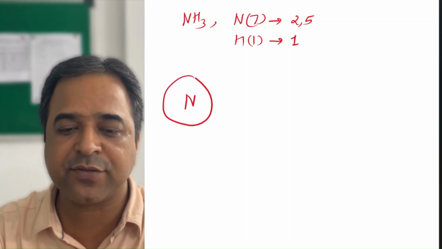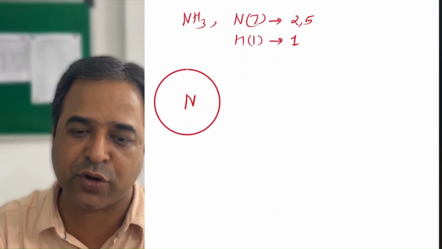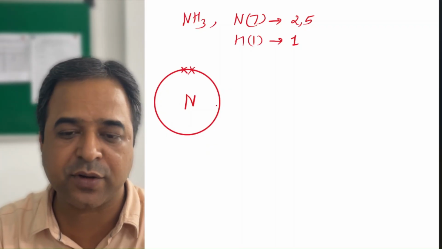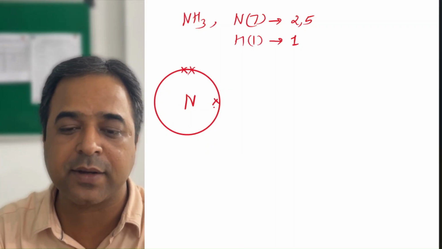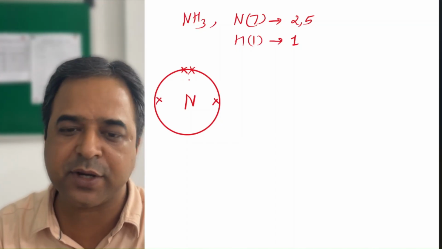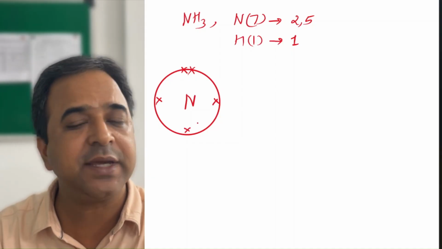I'm drawing its outermost shell only, with its 5 electrons. So these 2 electrons are not taking part. They are also said to be a lone pair of electrons because they are not going to share their electrons. But these 3 will be shared.